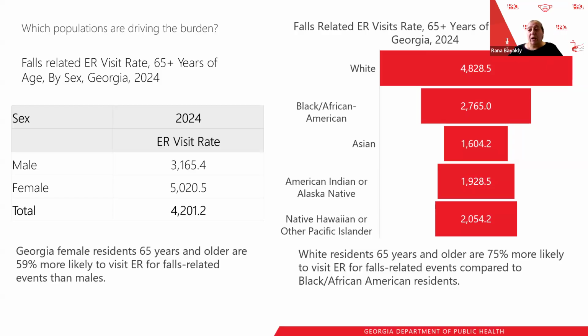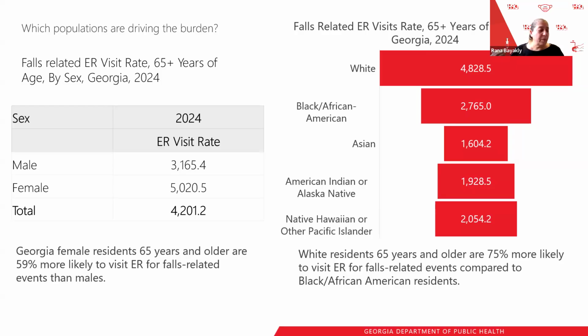When I did it by race group, I could say white Georgia residents 65 years and older are 75% more likely to visit the ER than their next in line, the African American population. So now I have identified my burden in three ways: from age, from sex, and from race.